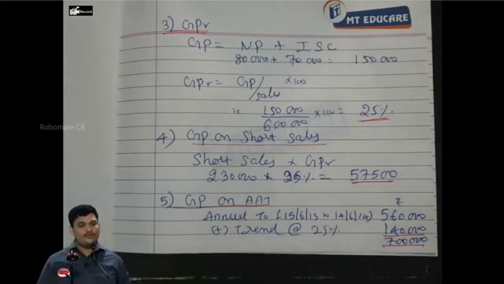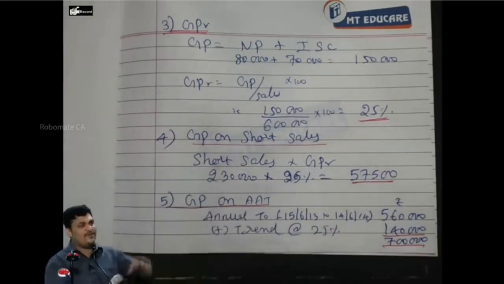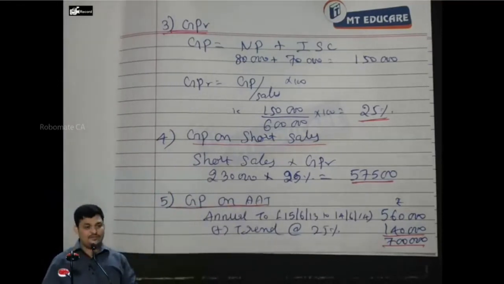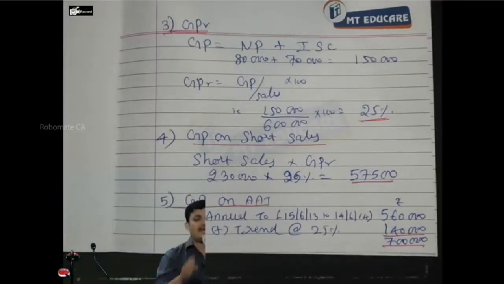Understood? So net profit, insured standing charges and all you are considering for the previous year. Based on some information you are considering the profit ratio. That profit ratio of the previous year is the profit ratio of the current year. So don't think that we are taking only previous year information for the claim. We are actually taking current year information. Once the ratio is worked out, the ratio is applied, and what results is current year profit and not previous year profit.